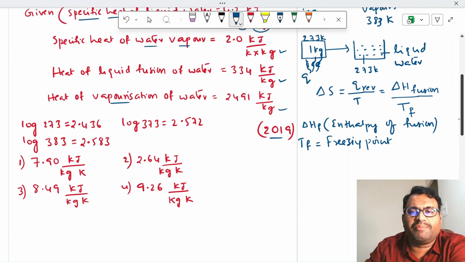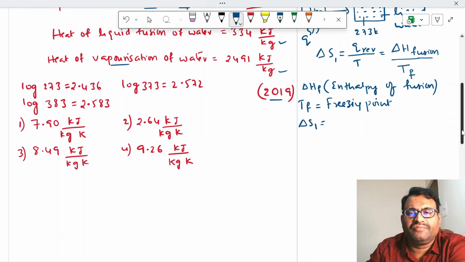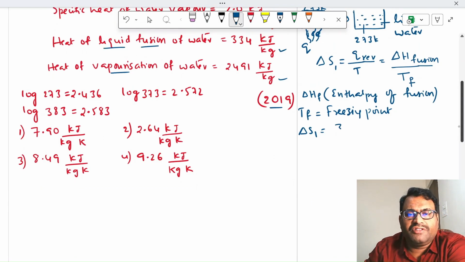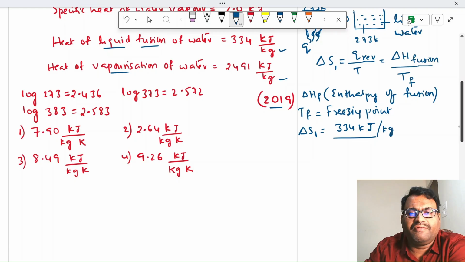This is the first step happening. Let us take delta S1 here. Delta S1 is equal to the enthalpy of fusion, which is given as 334 kilojoule per kg, divided by the freezing point of water.